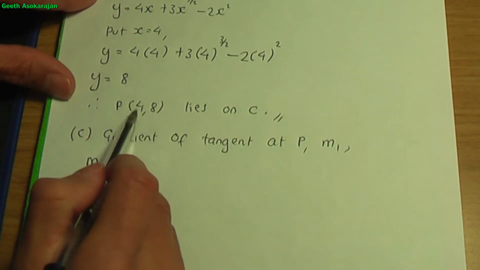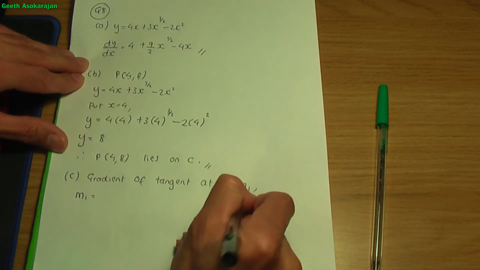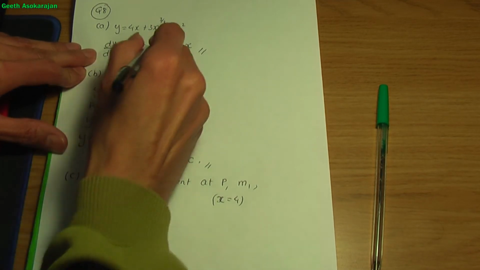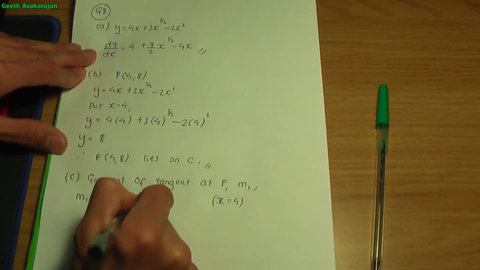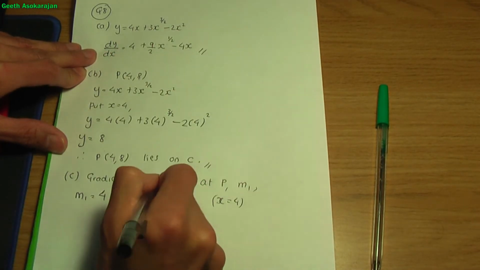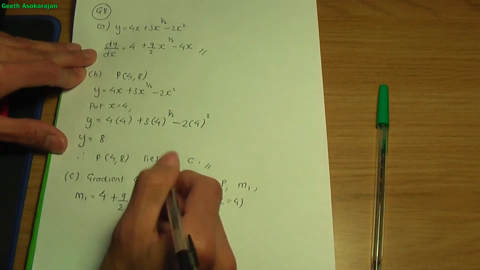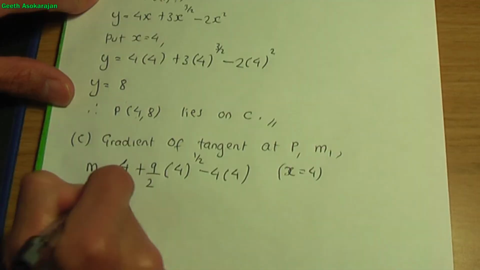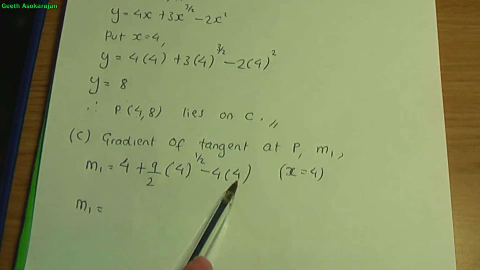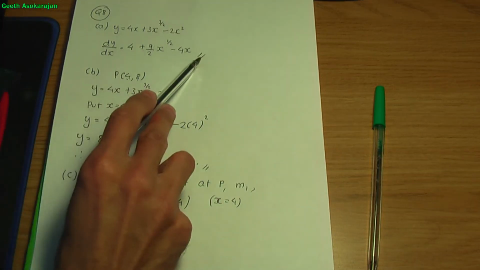If I put the x coordinate of P, which is 4, into dy over dx, this is what we're going to have. We're going to have 4 plus 9 over 2, x replaced by 4 to the power of half, minus the 4, x replaced by 4. So this is what we should have as a result of putting the x coordinate 4 into dy over dx.